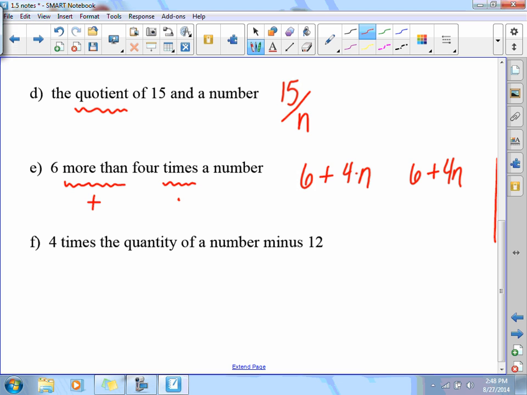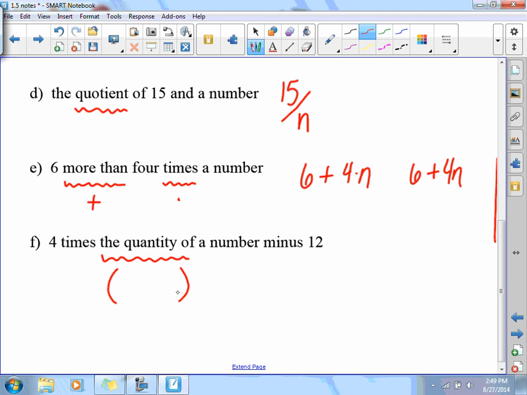And for part F, the last one on this little section, it says 4 times the quantity of. Ooh, the quantity of. We didn't really talk about what that phrase meant. That wasn't in our chart. But what that means is parentheses.